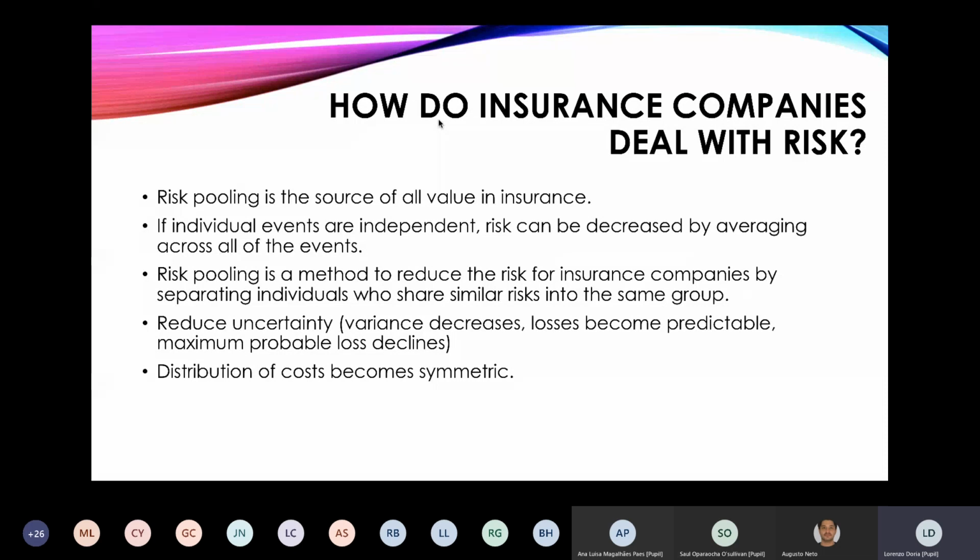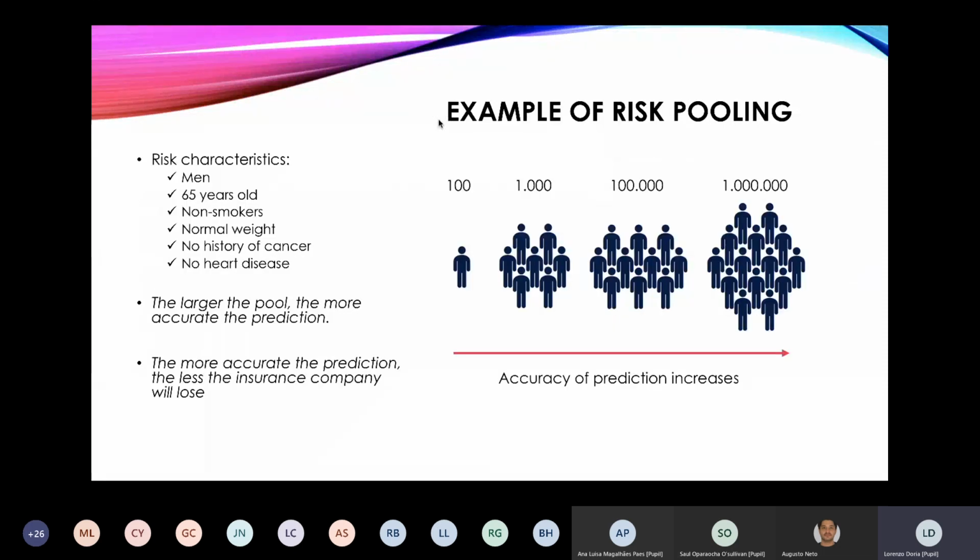So, for example, a health insurance company would group individuals whose medical costs are similar in order to calculate an average premium. So let's say that we have four groups, one group of 100, 1,000, 100,000, and a million people.